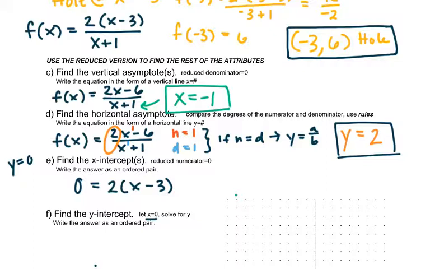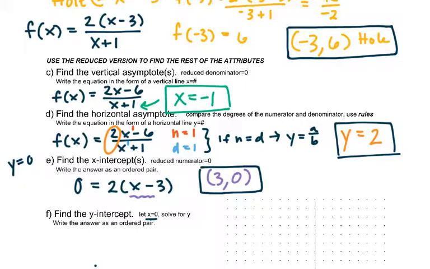So my x-intercept occurs at that value that would zero that out, positive 3. We write x-intercepts as an ordered pair. I have (3, 0).